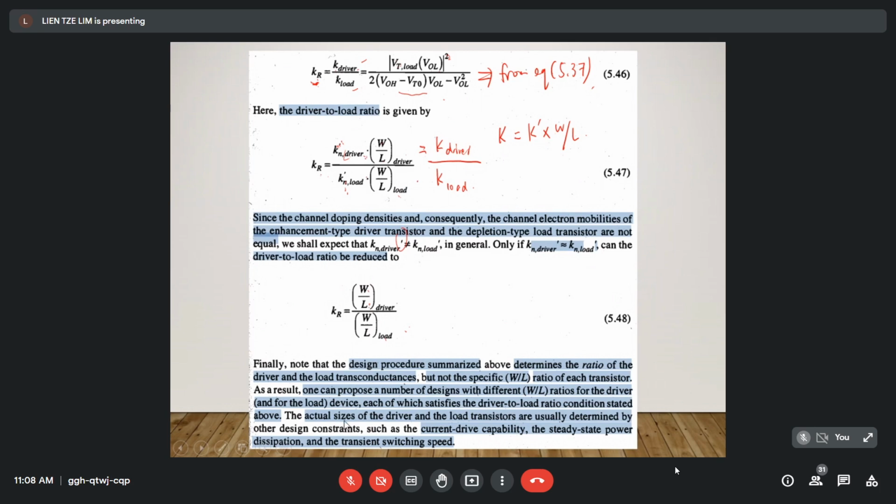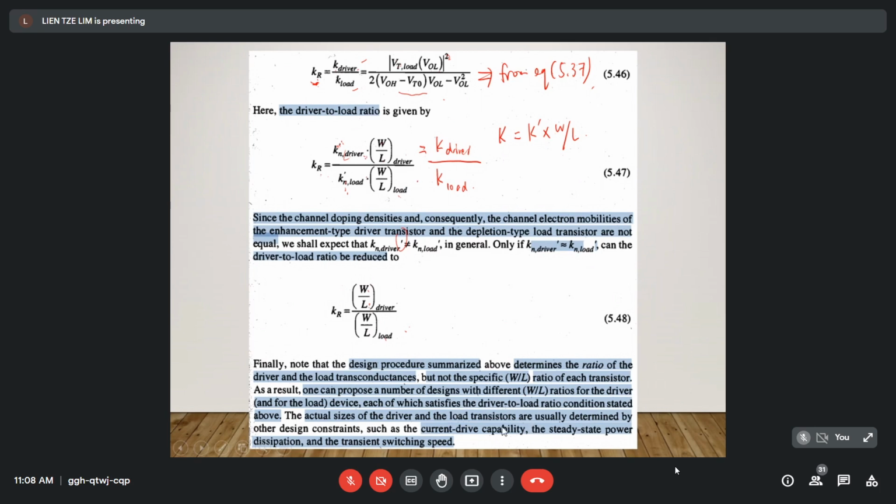Okay, actual sizes of the driver and the load transistor are usually determined by other design constraints, such as the driver current drive capability, the steady state power dissipation, and the transient switching speed.